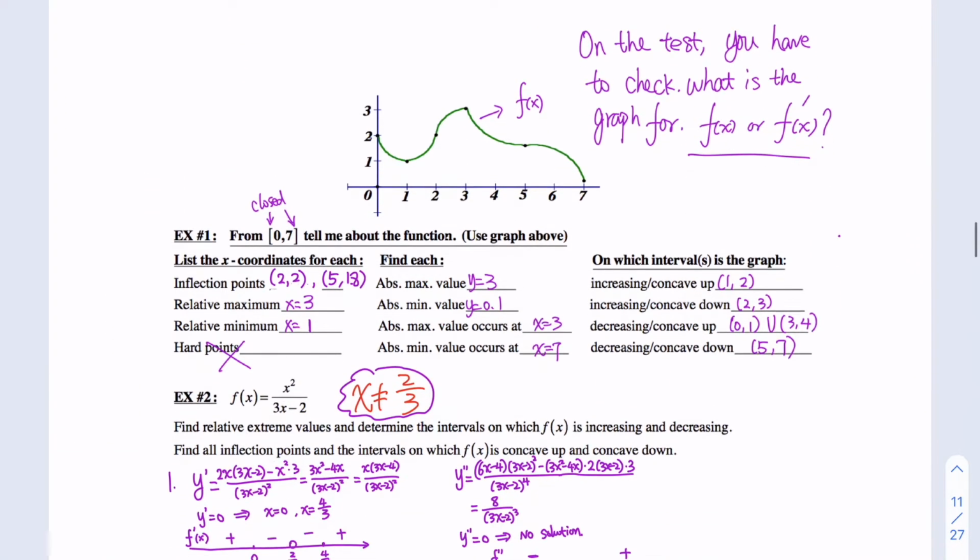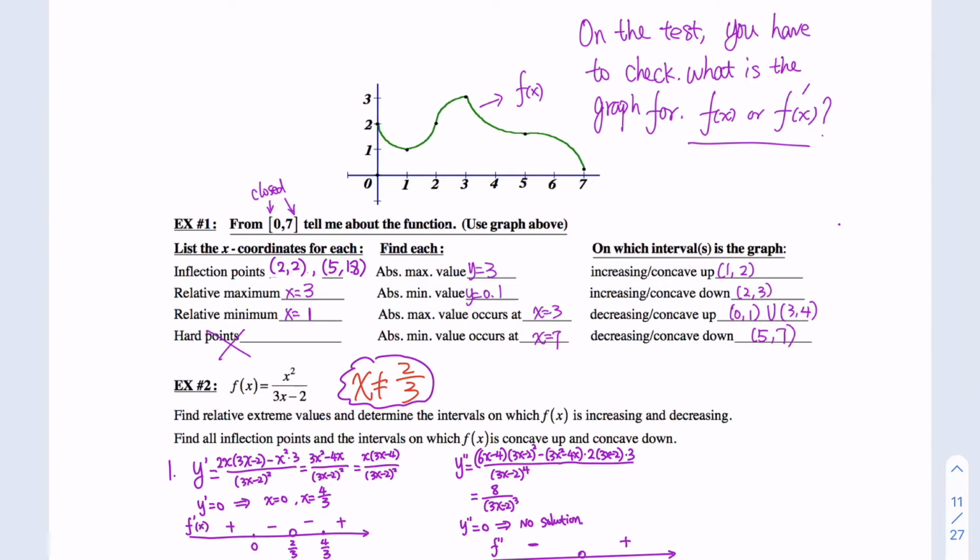If you look at this picture, on the test you have to be very, very careful what is given, f of x or f derivative. In example 1, f of x is given, so for the inflection points, where it goes from concave up to concave down, 2 and 5 give us two inflection points. Absolute maximum value, y equals 3.